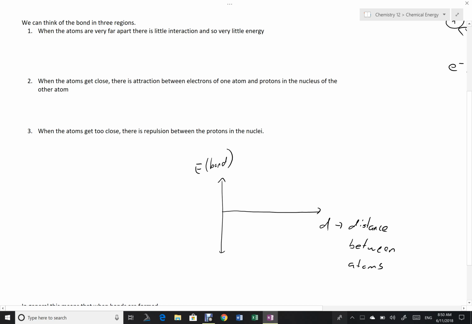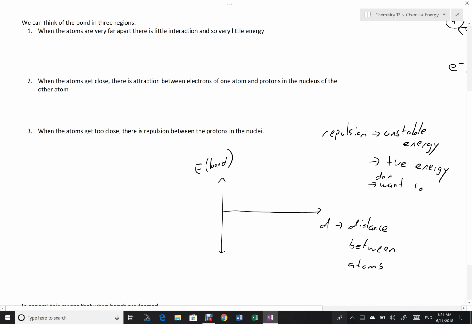Keeping in mind that repulsion makes unstable energy situations, and that is associated with a positive energy, which means the atoms don't really want to stay here.